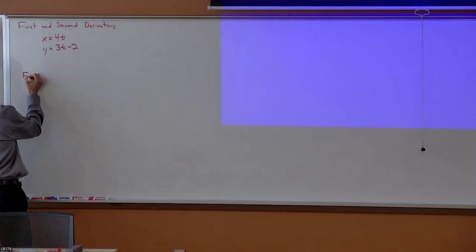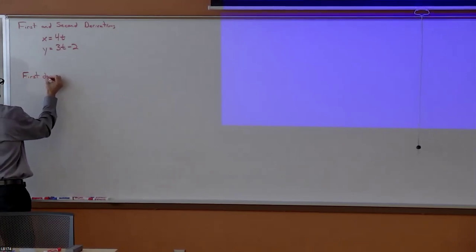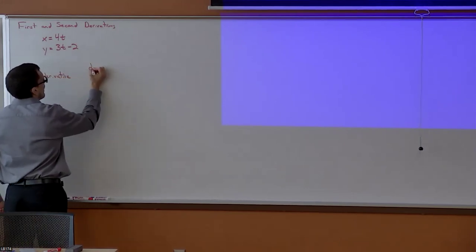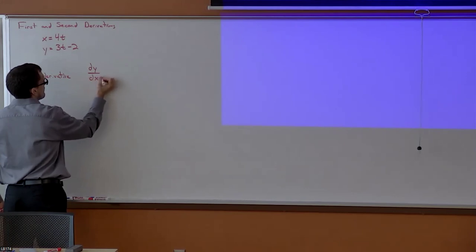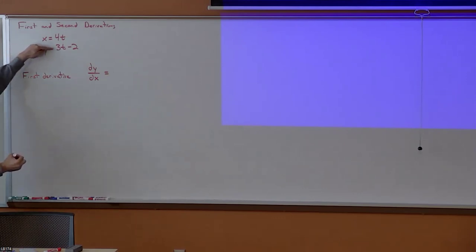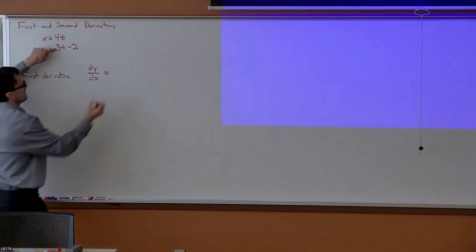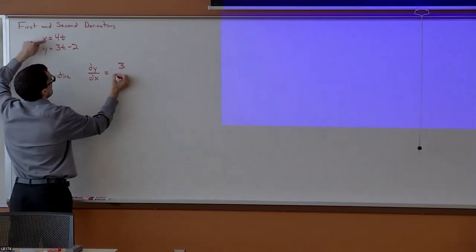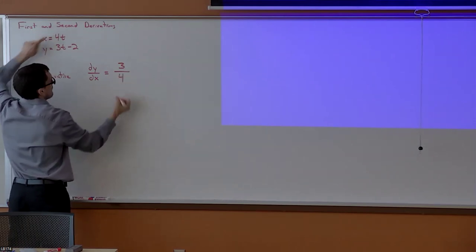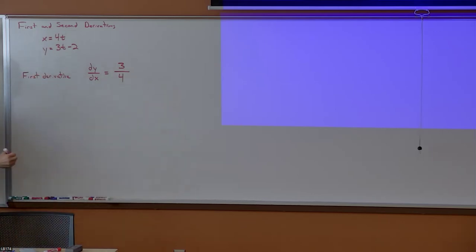All right, so let's take the first derivative. First derivative is dy over dx. Then I take the derivative of y. Now in this case, I get 3. Derivative of the x function with respect to t is a 4. So I get 3/4 as my first derivative. Now, what's going to happen on my second derivative?